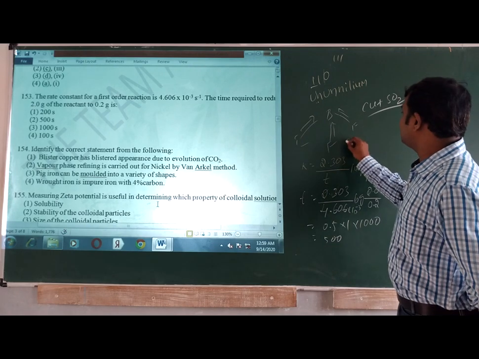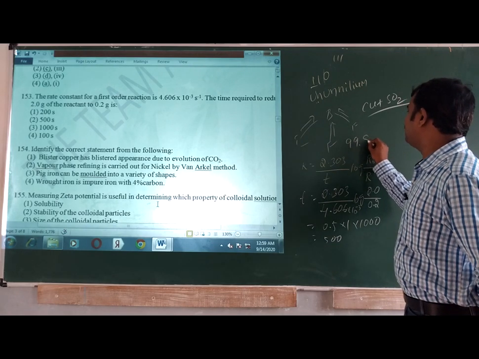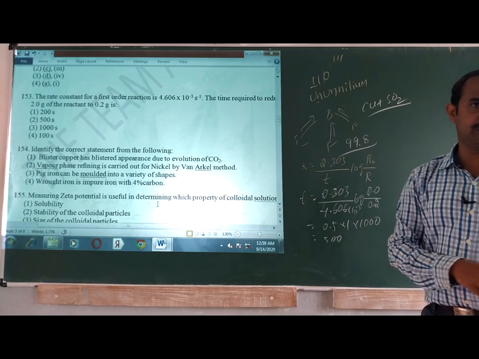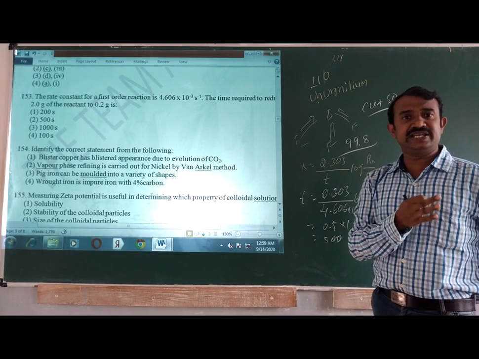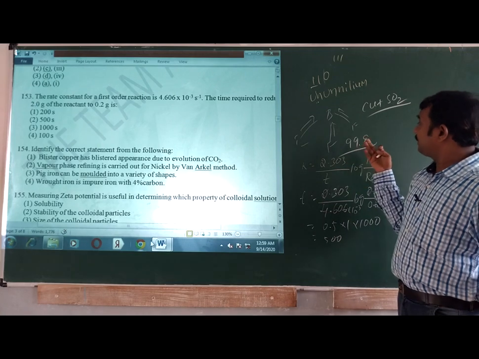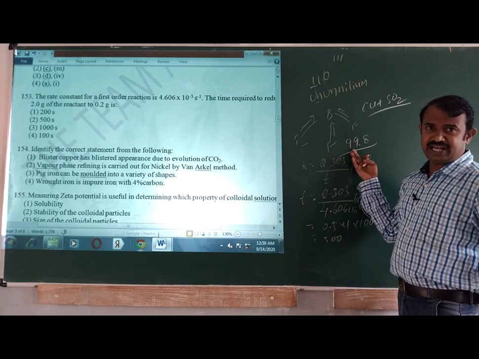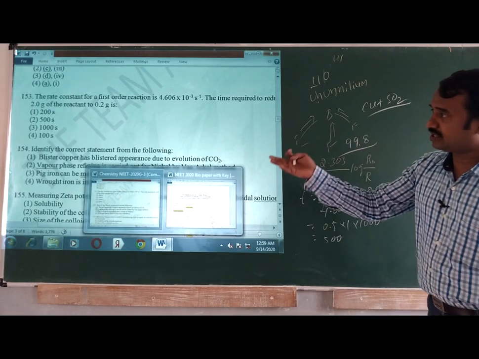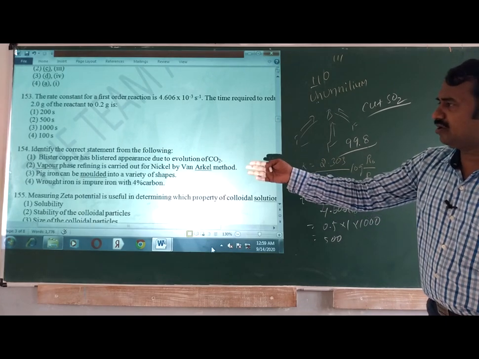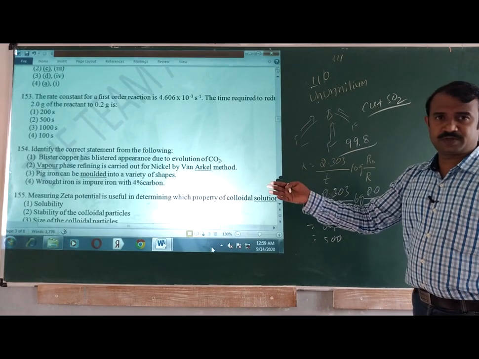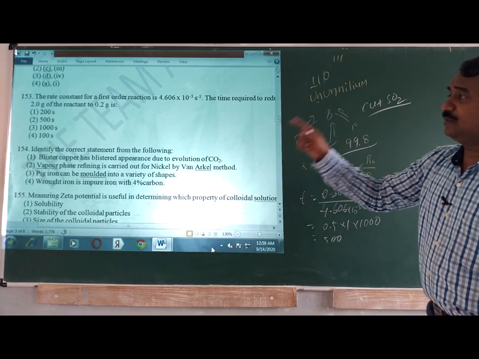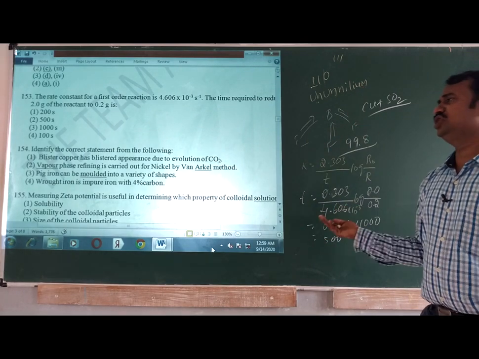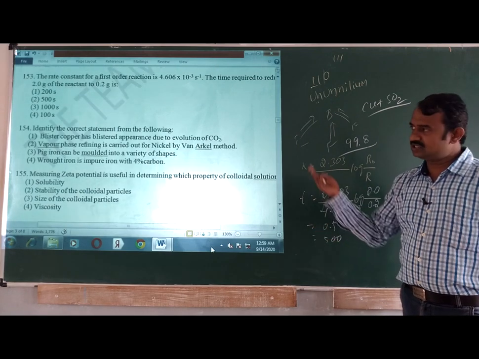Wrought iron is the purity is 99.8%. Okay, pig iron is 95%, the stainless steel is 98%, and the wrought iron is 99.8%, but they are given wrought iron is impurity is 4% carbon, that is also wrong. Which one is correct? Pig iron can be molded into the variety of shape, that is the correct answer.